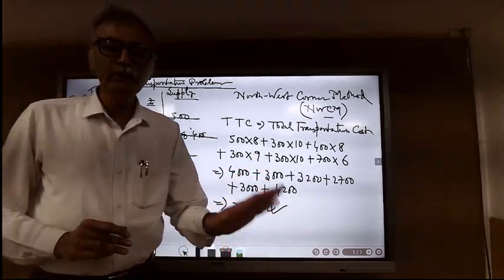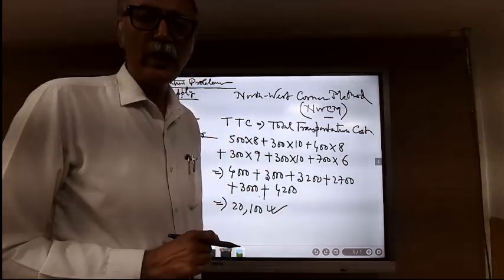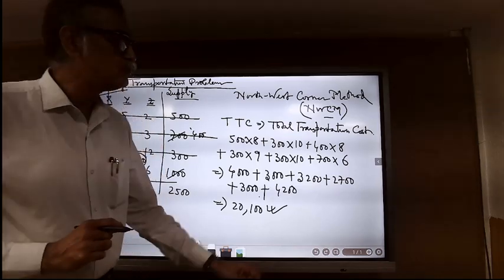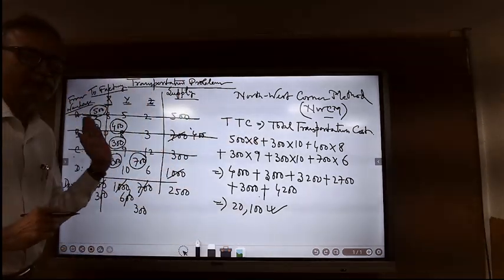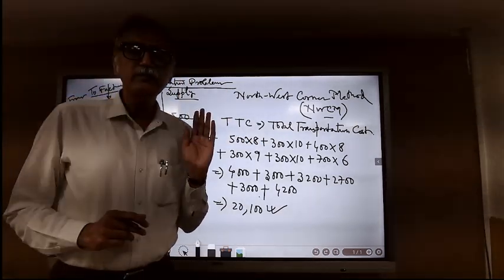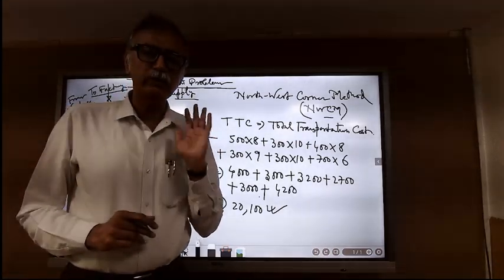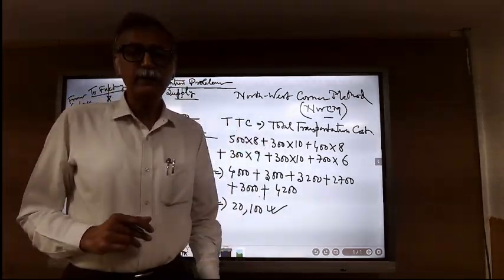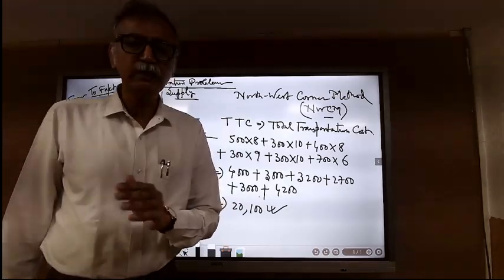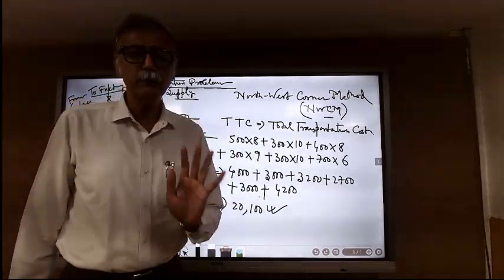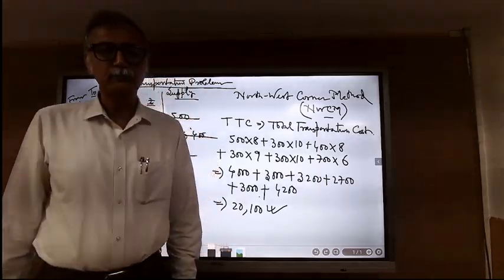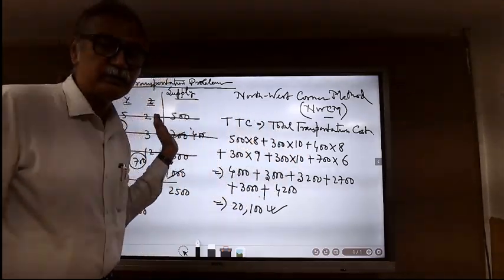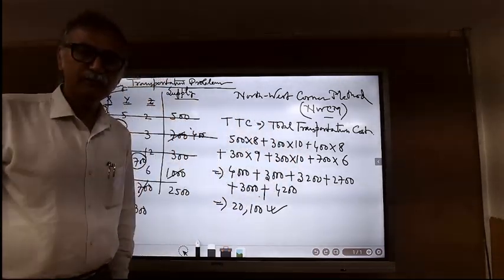Now before going to the optimality test, we have to check one thing: whether this solution is a degenerate solution or a non-degenerate solution. If the solution is degenerate, then we cannot directly proceed to the optimality test. So how to understand whether this one is degenerate or non-degenerate?